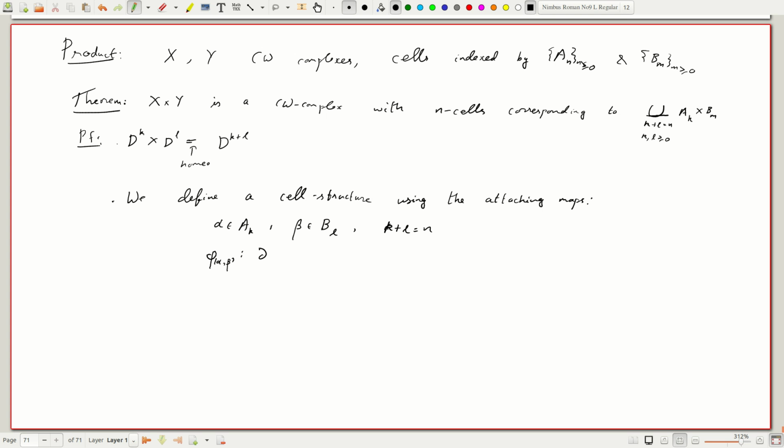This is going to map boundary of D^k cross D^l, which is S^(n-1), to the n minus 1 skeleton of X cross Y. And note, we are attaching cells inductively, so anything which is in the n minus 1 skeleton of Y or X will already be here.